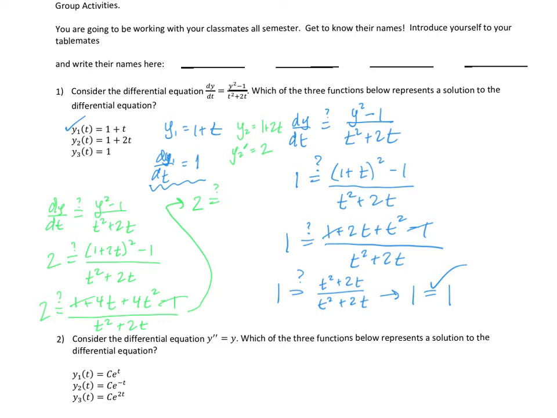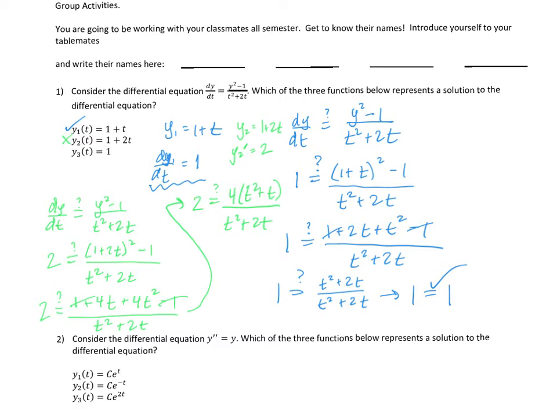Does that equal... Should I factor out a 2? Or I'll factor out a 4. 4 times (t squared plus t) all over t squared plus 2t, and nothing cancels. Yeah, nothing cancels, so I can't make this equal 2. So y2, not a solution.